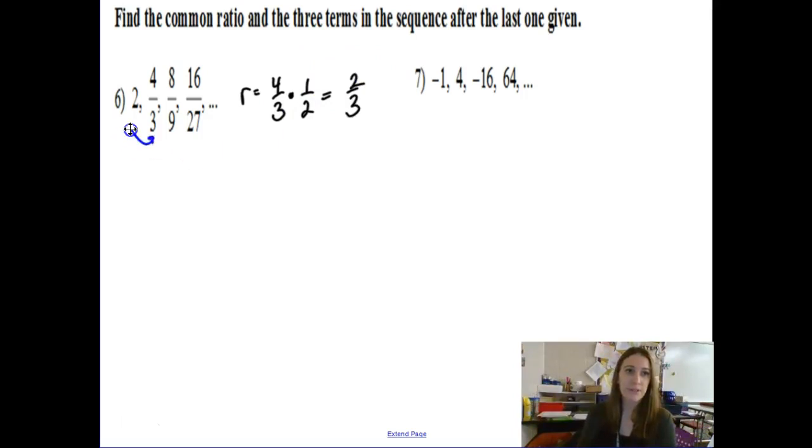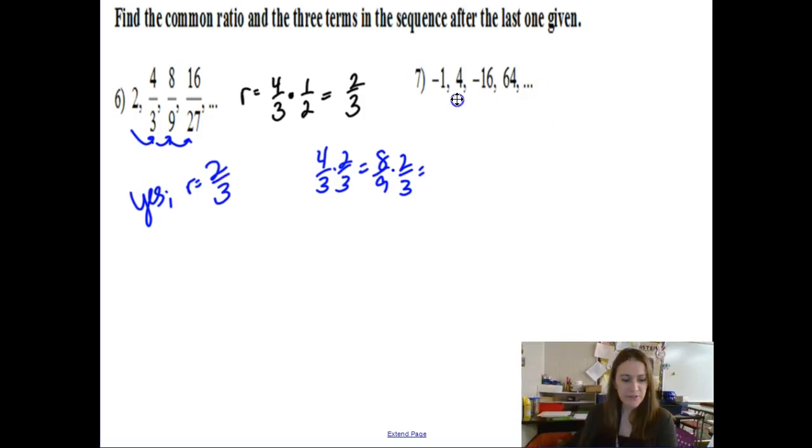So I already know this one works, multiply by 2/3. If I multiply 4/3 by 2/3, I get 8/9, yep. And if I multiply 8/9 times 2/3, I get 16/27, yep. So yes, this is geometric, and the common ratio is 2/3.